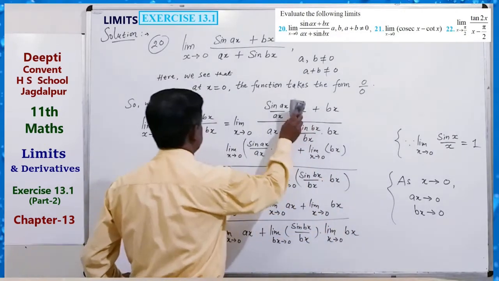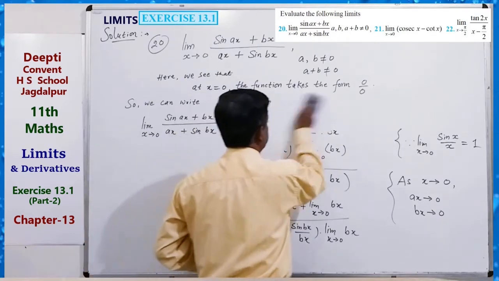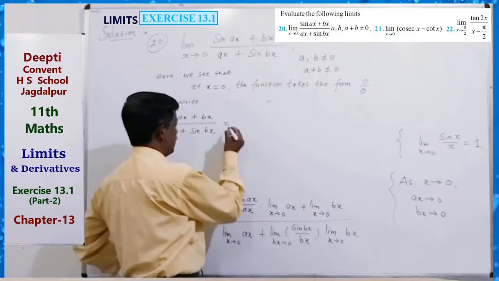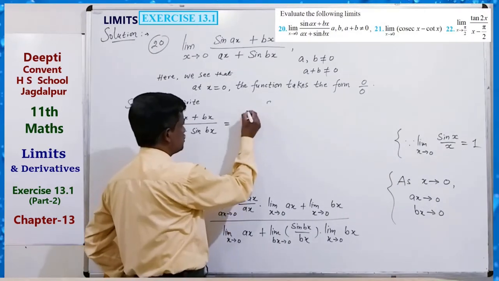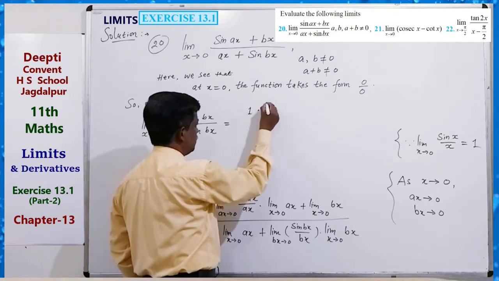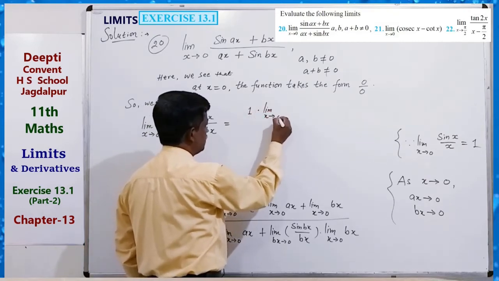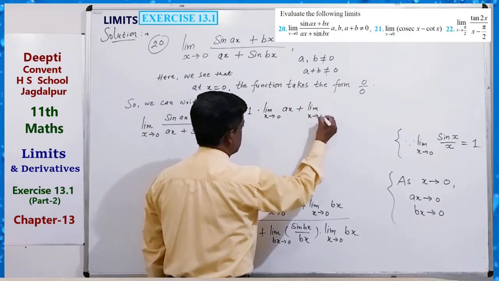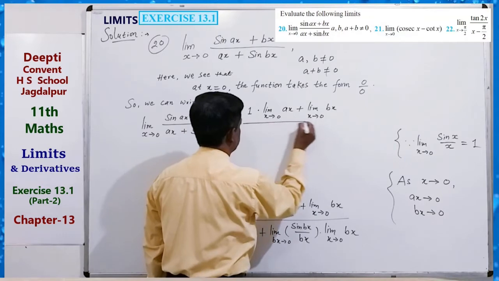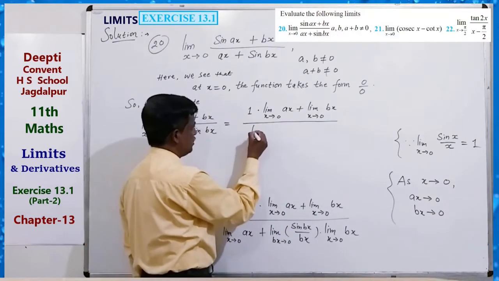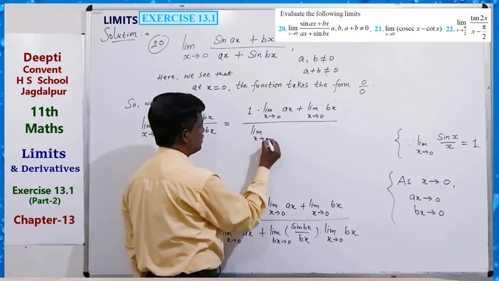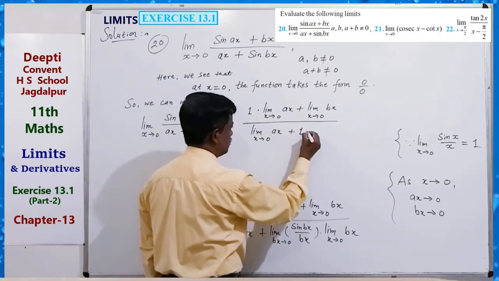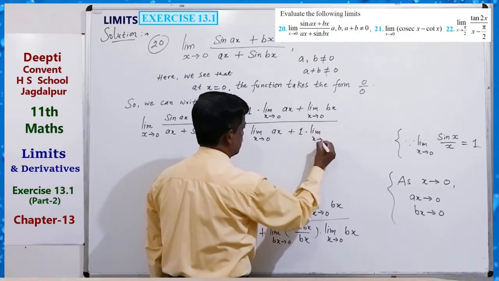So after using that 1, we get 1 into limit x tending to 0 of ax plus limit x tending to 0 of bx, upon limit x tending to 0 of ax plus 1 into limit x tending to 0 of bx.